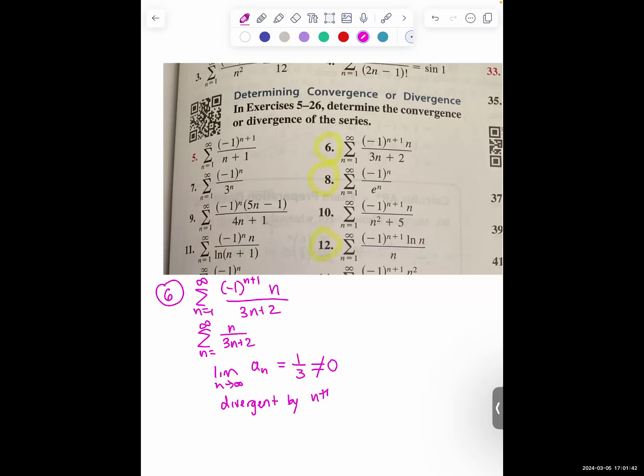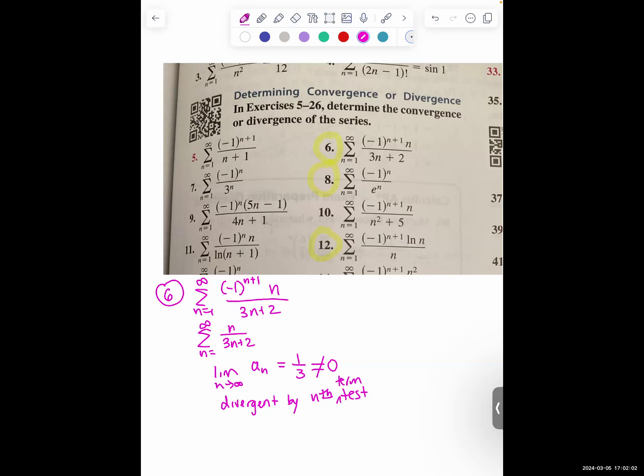And we don't want to move on to AST in this instance, because AST can only be used to show conditional convergence. So if it's divergent, we want to prove divergence through another test, either the nth term test or a ratio test or some other test.